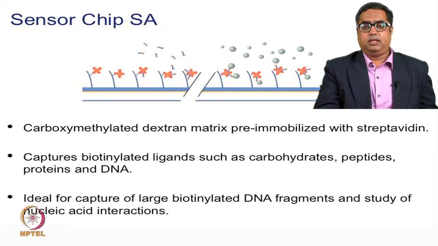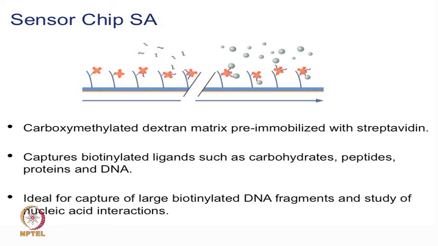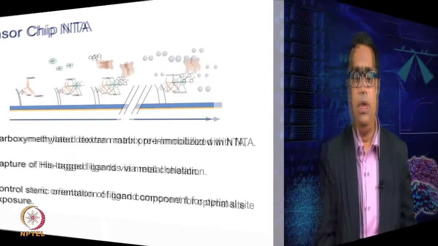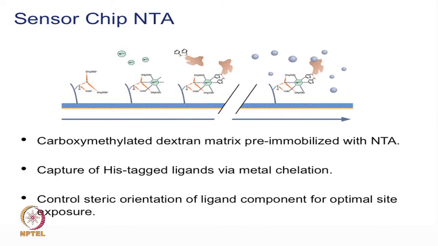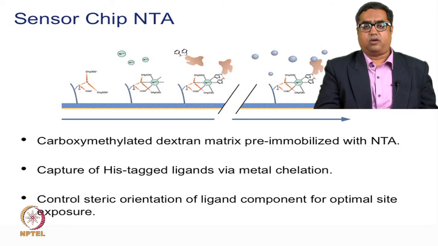Ideally, literature is available for biotinylated DNA fragments, nucleic acid interactions, and other things like peptides that have been immobilized on this surface. Another chip surface is NTA, and this is a complex molecule that is pre-immobilized on the surface of the chip, and this molecule has an affinity for hexahistidine tags that are present either at the C terminal or N terminal of a protein.